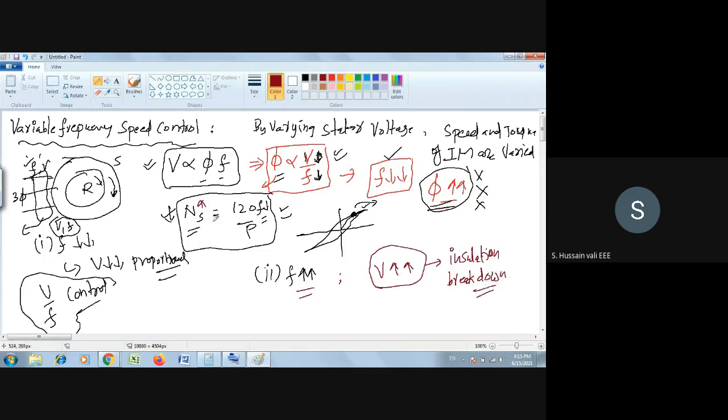Because, for example, you design the transformer for the rated voltage. Based upon the voltage only you provide the insulation in the windings.